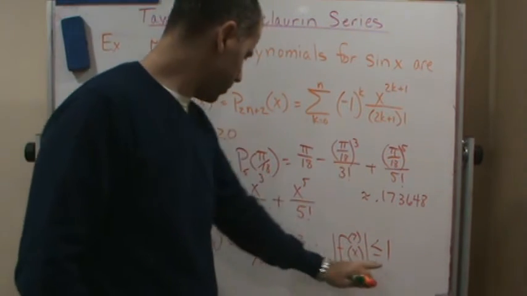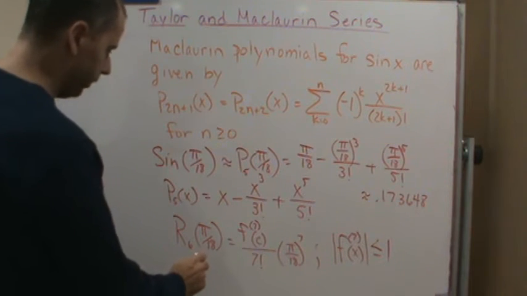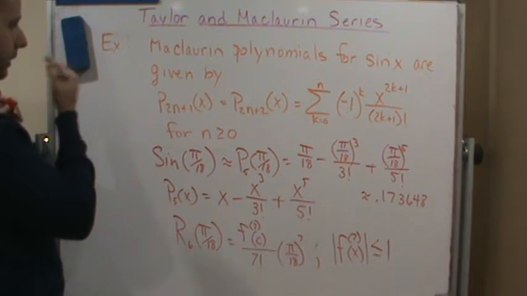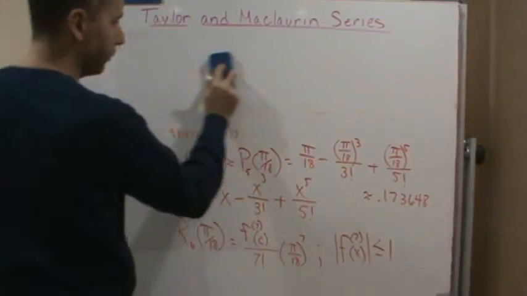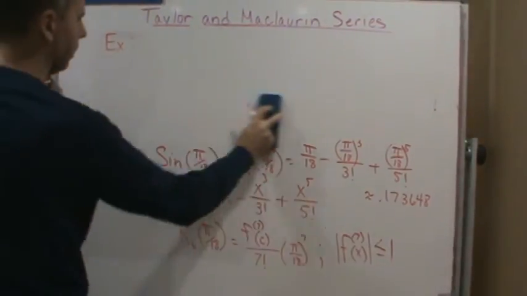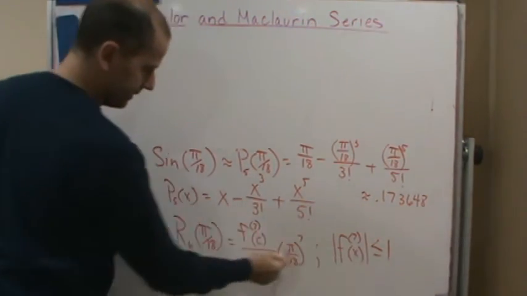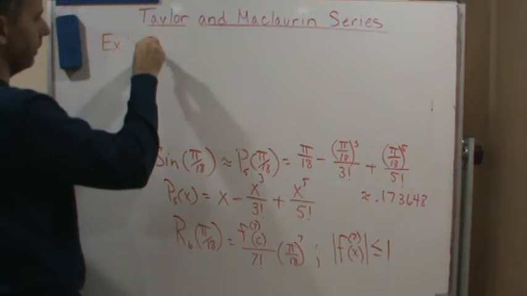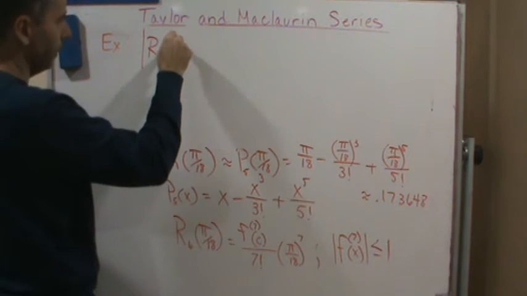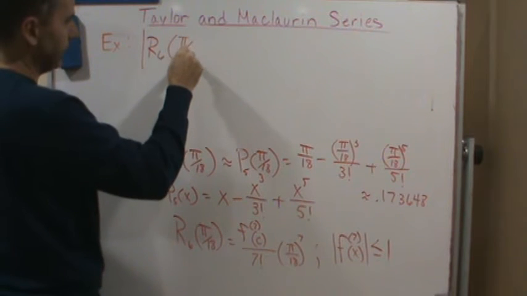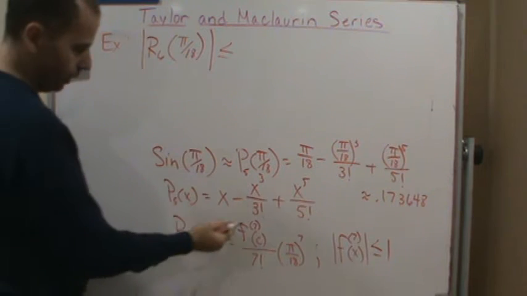So since this is true, then guess what? The error, let me erase this because I don't need this anymore. So we know that based on this, R6, the absolute value thereof, of pi over 18, has to be less than or equal to, well, what?